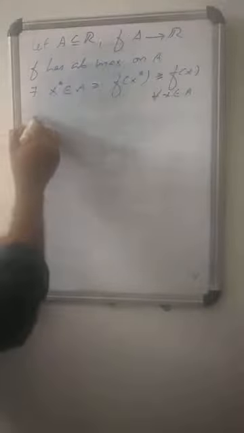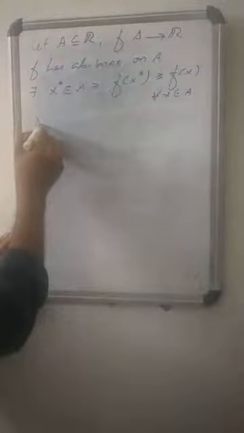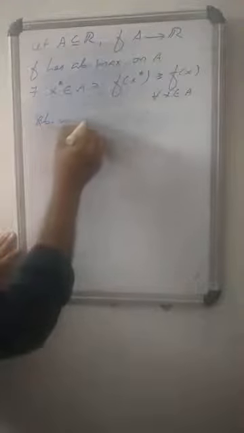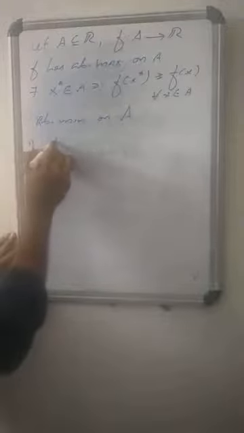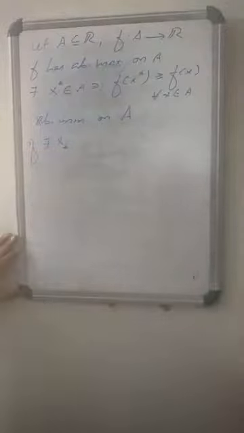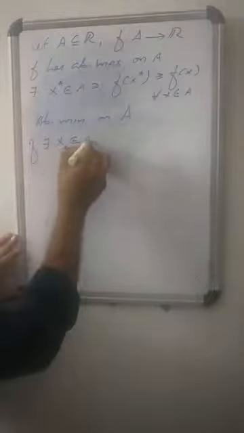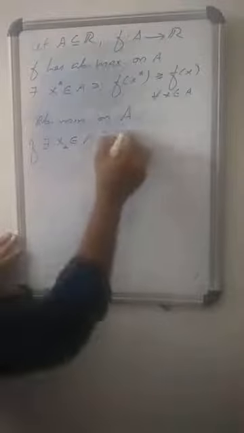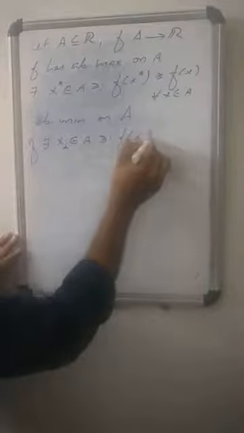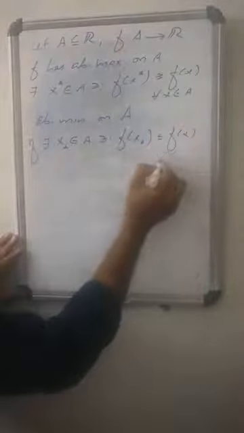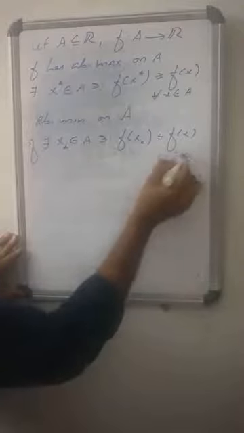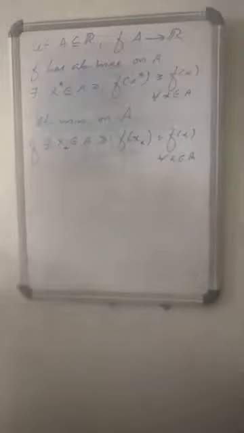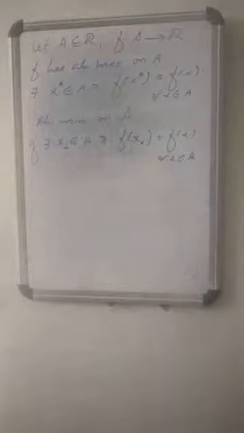Similarly, the function f has an absolute minimum on A if there exists x star in A such that f of x star is less than or equal to f of x for all x in A. So this is the absolute minimum.